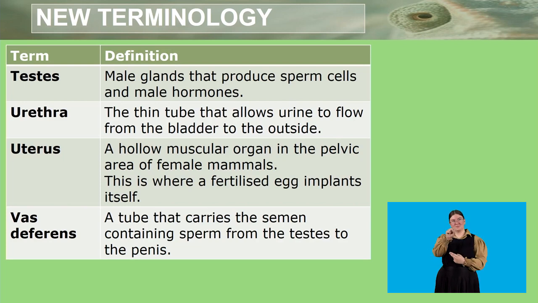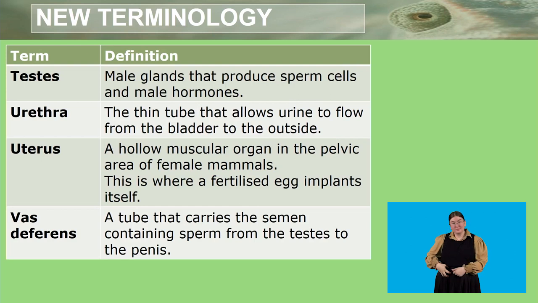We are also going to look at the urethra because it is part of an organ that is part of the male reproductive system. This is a thin tube that allows urine to flow from the bladder to the outside. It also allows semen containing sperm to flow through it.